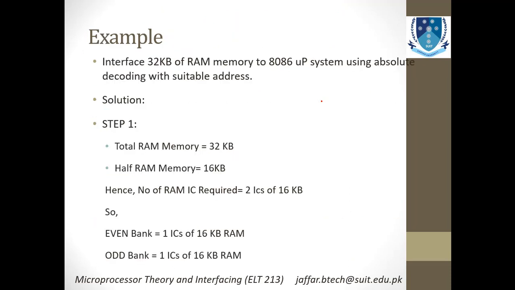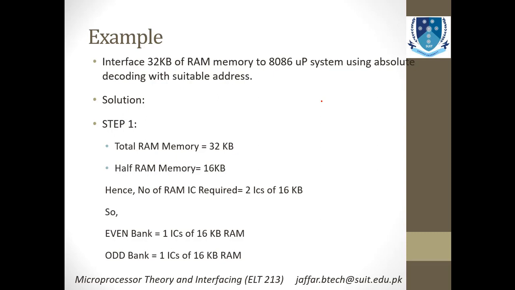So let's talk about an example of full or absolute decoding. We are asked to interface 32 kilobytes of RAM with the 8086 microprocessor using absolute decoding with suitable addresses. The first step is to find the total RAM memory.